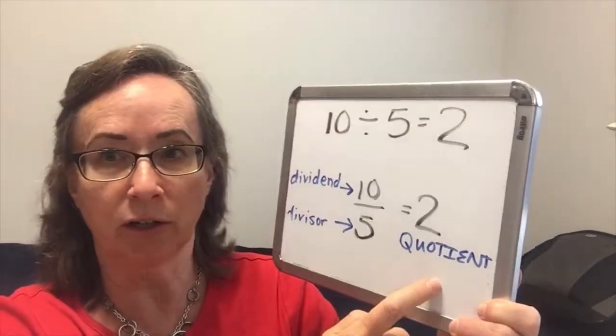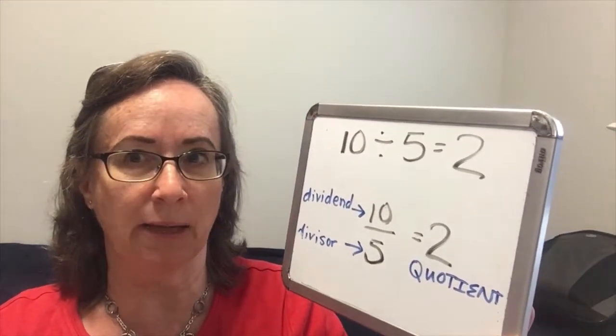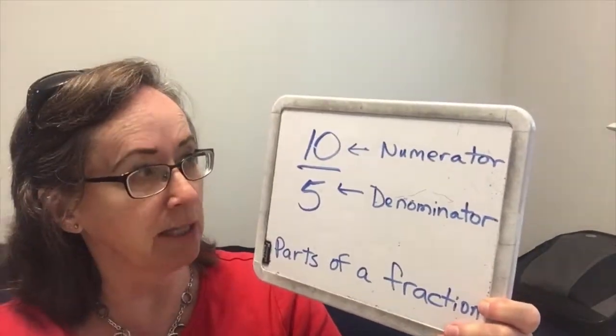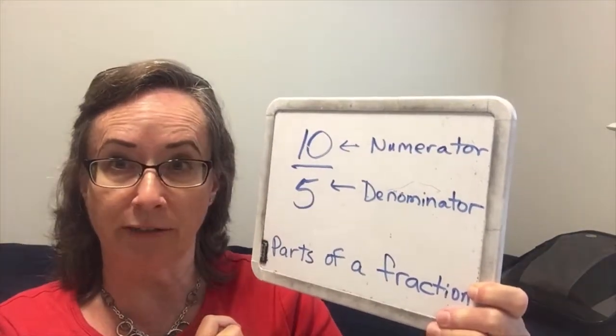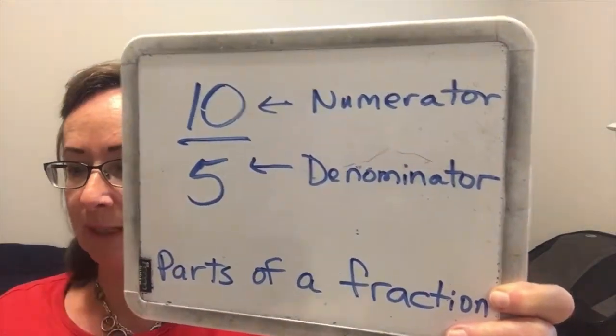Dividend, divisor, quotient. Now, when we're talking about fractions, we do have special names for the top of the fraction and the bottom of the fraction. These are the special names, parts of fractions: the numerator and the denominator. The top part of the fraction is called the numerator. The bottom part of the fraction is called the denominator.